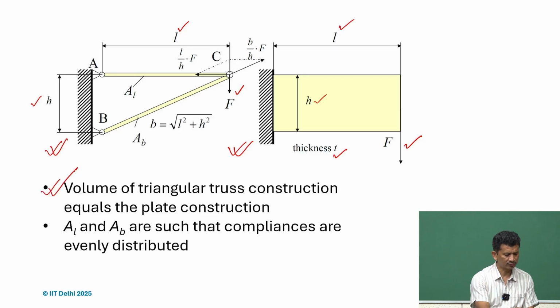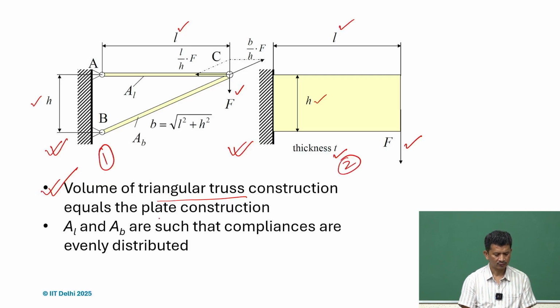What we also mentioned is that the volume of the triangular truss, 1 and 2, is equal to the plate construction. So, overall volume is the same.